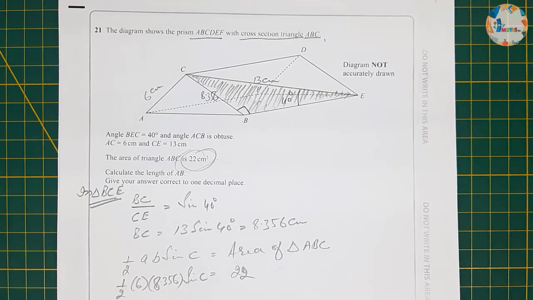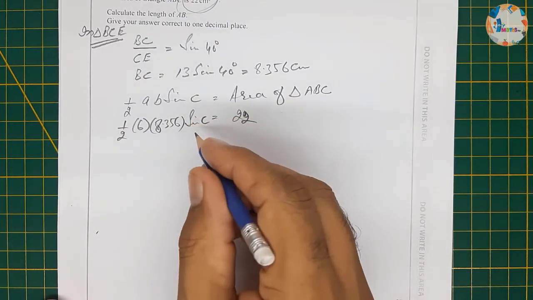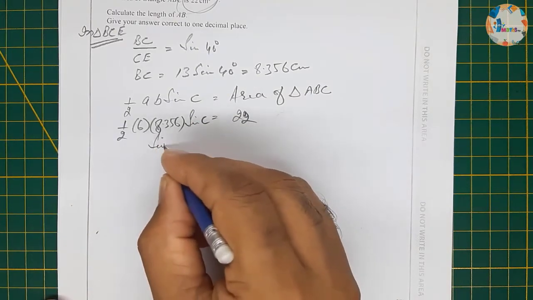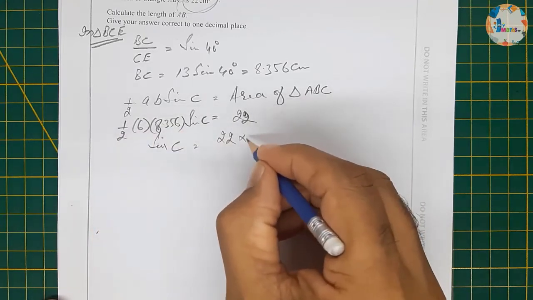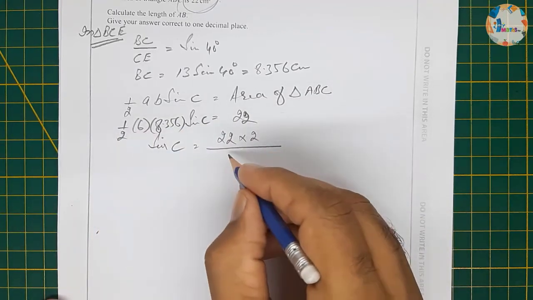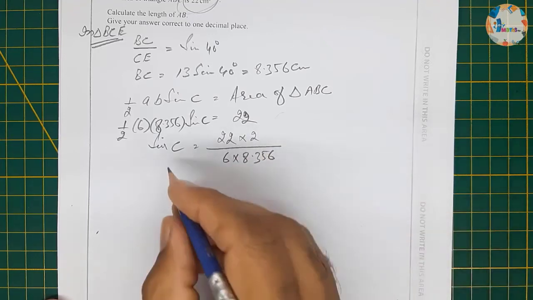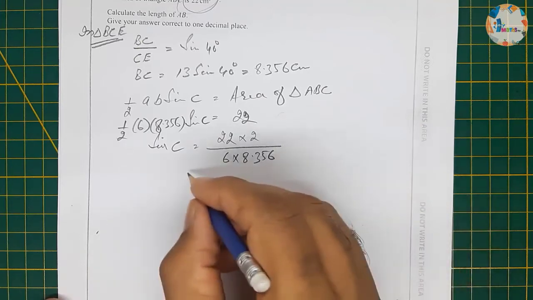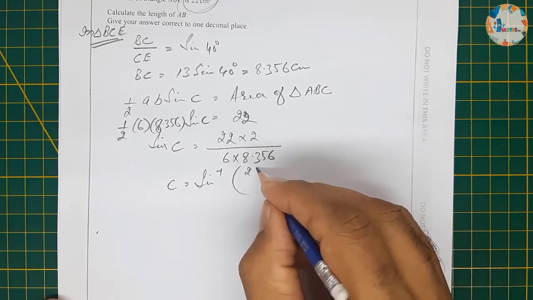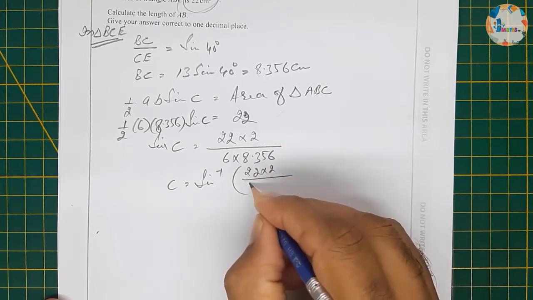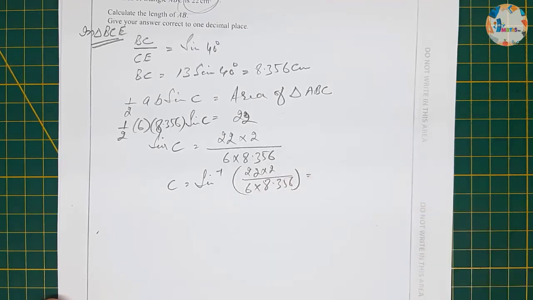Now I will move the page like this one. So basically we will be finding sine C. So sine C will be equal to 22, and this one will go as numerator, multiplied by 2, over 6 into 8.356, and this implies C will be equal to sine inverse of 22 into 2 over 6 into 8.356, and we can calculate this.